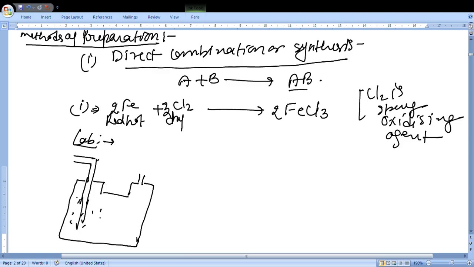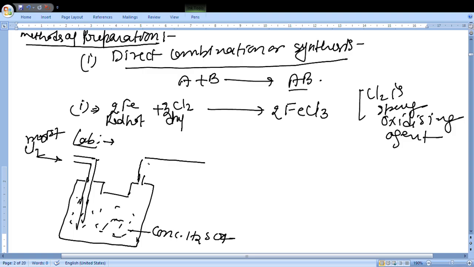Here is a moist chlorine which is passed through concentrated sulfuric acid, because chlorine is an acidic gas, and concentrated H2SO4 is hygroscopic.